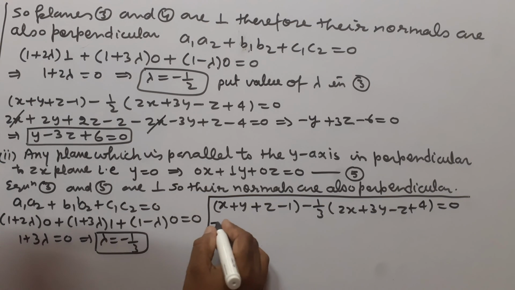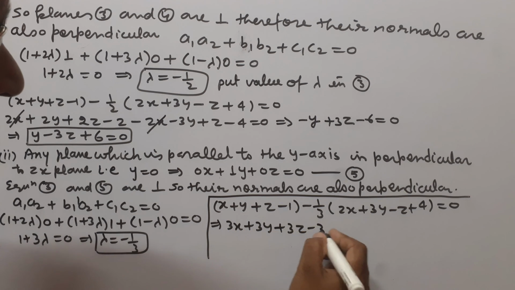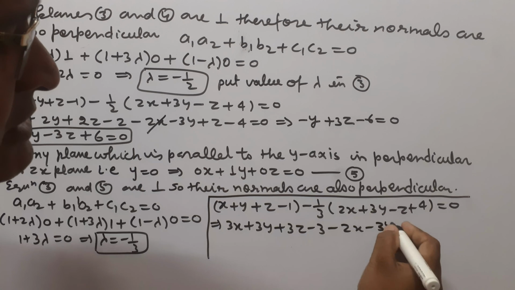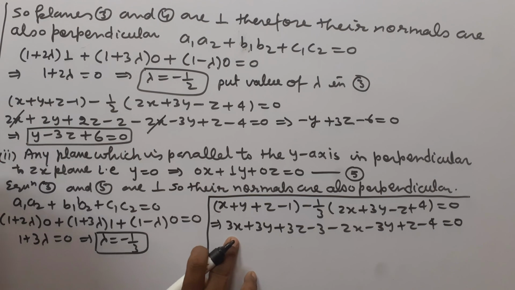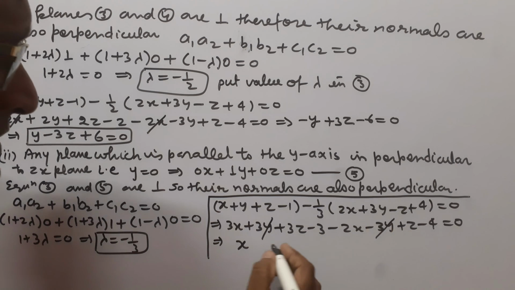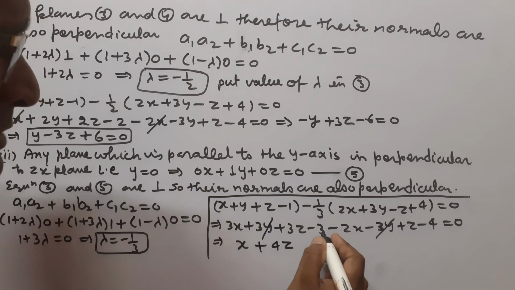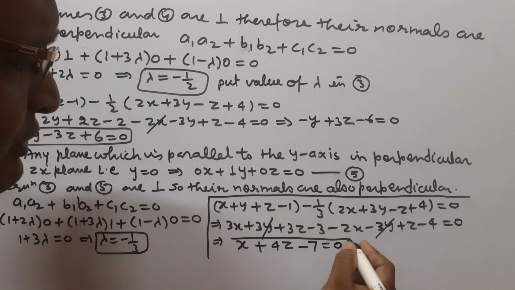Now we multiply this equation by 3: 3x plus 3y plus 3z minus 3 minus 2x minus 3y plus z minus 4 equal to 0. So 3x minus 2x, we get x, plus 3y and minus 3y cancel out, 3z plus z is 4z, and minus 3 minus 4 is minus 7, equal to 0.